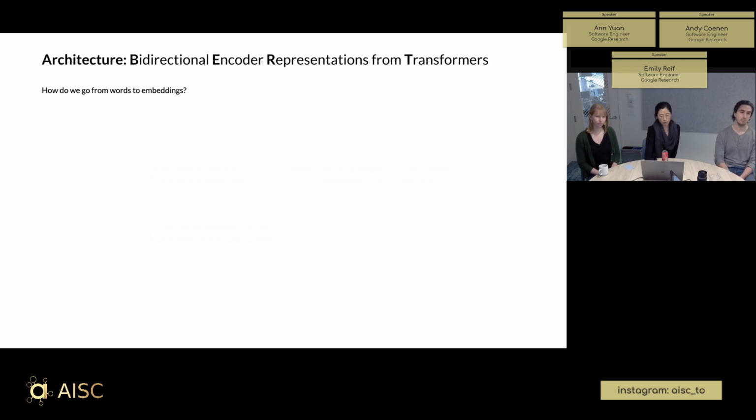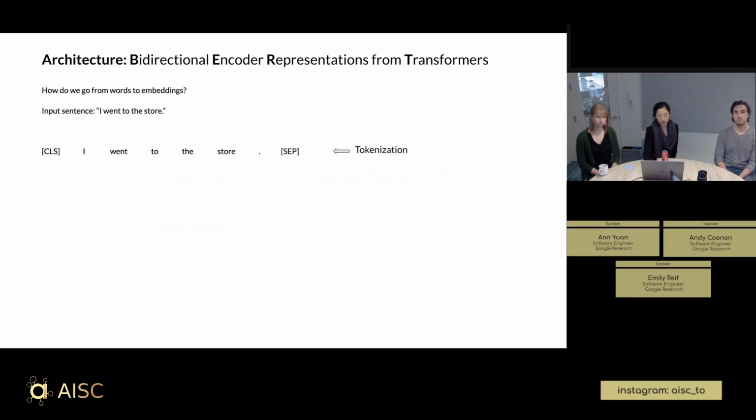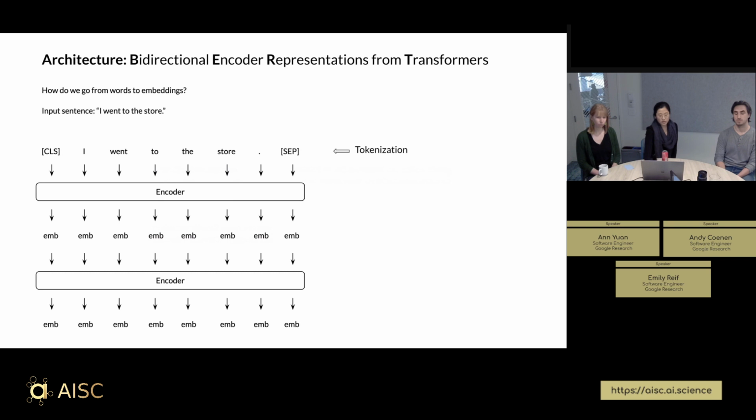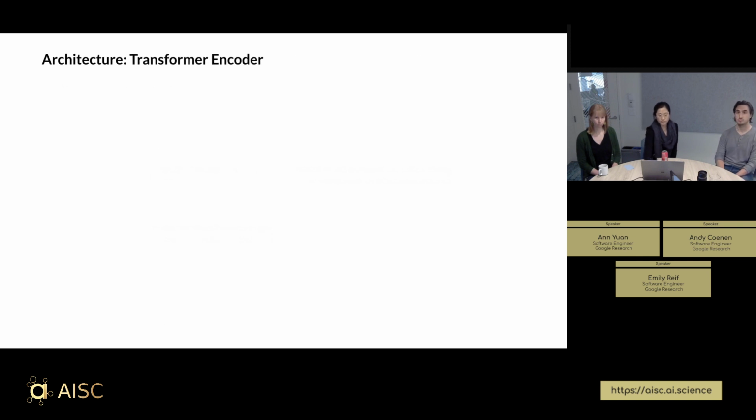So how do we get from words to embeddings? Given an input sentence like I went to the store, the first step is tokenization. The next step is to feed the tokens into an encoder. That encoder generates embeddings for each of the tokens, and this process repeats itself either 12 times for BERT base or 24 times for BERT large.